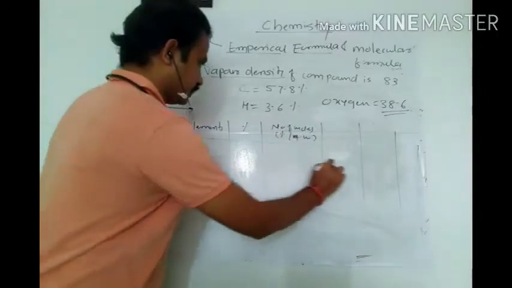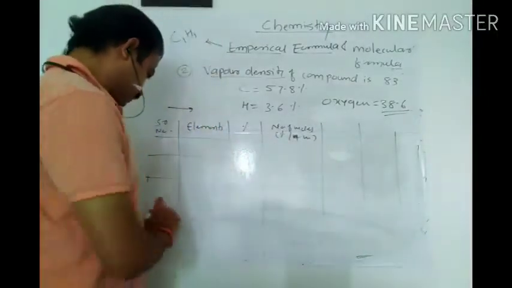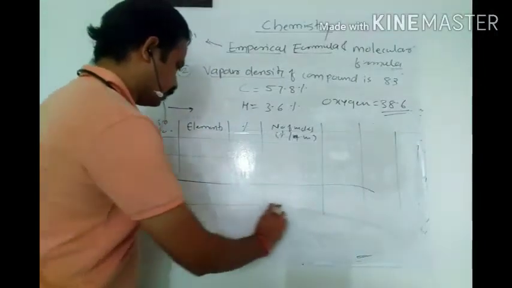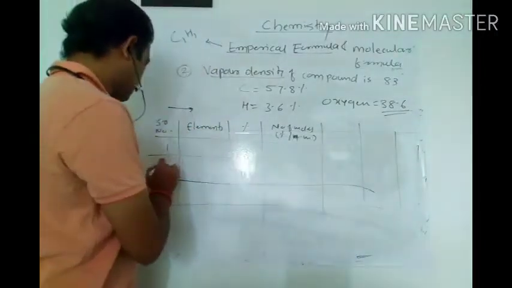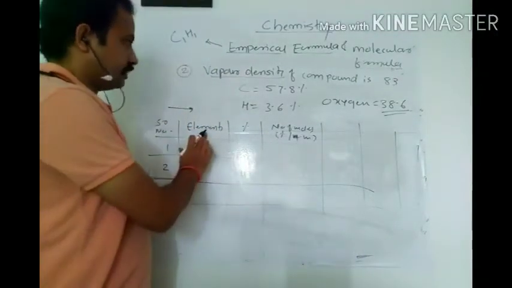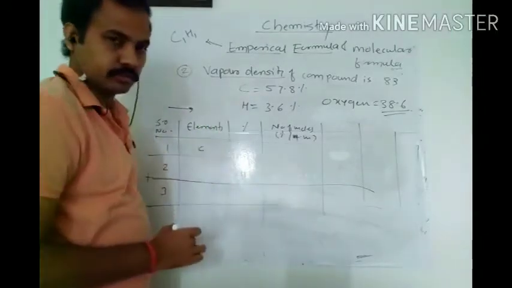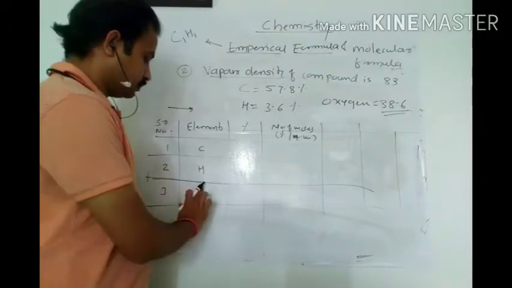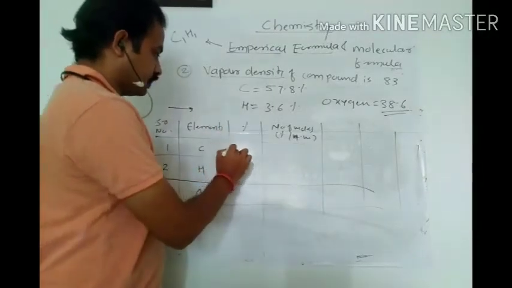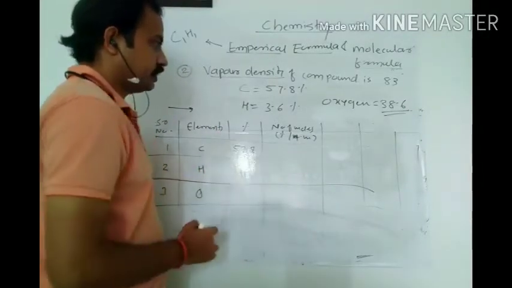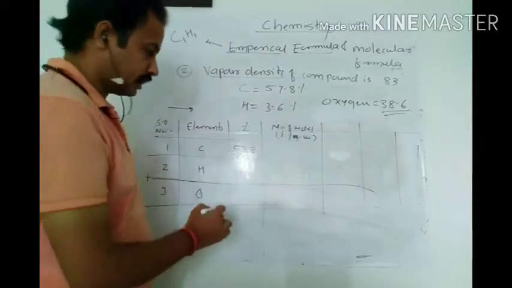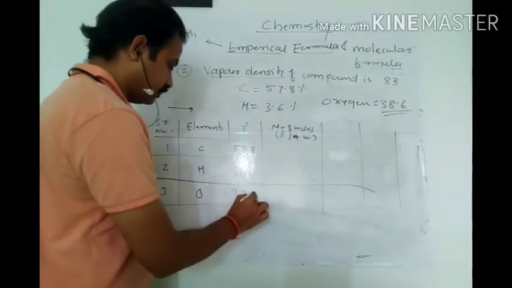So this is for the first element, this is for the second element, and the last one is for the third element. Element first is carbon, second is hydrogen and third is oxygen. Carbon percentage is already given, 57.8, hydrogen is 3.6, and oxygen we calculated as 38.6.